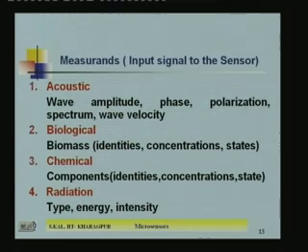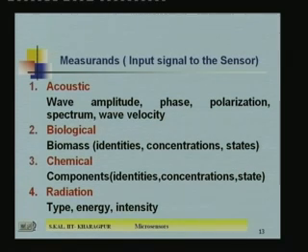These are the various parameters of the acoustic signal. Any of the parameters you can measure in your sensor. You can measure the amplitude, you can measure the phase, you can measure the change of polarization of that particular signal, or you can measure the wave velocity or the frequency change, which is basically coming from the frequency spectrum.